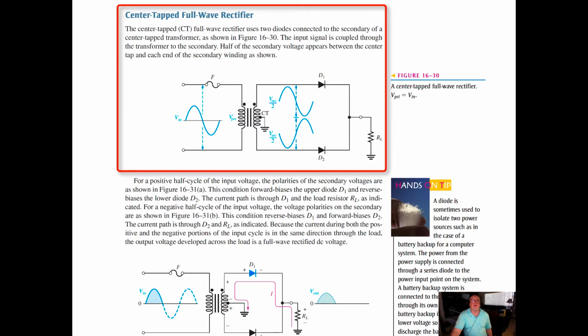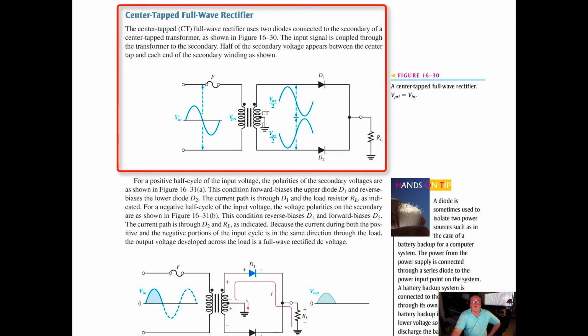A center tapped (CT) full wave rectifier uses 2 diodes connected to the secondary of a center tapped transformer. The input signal is coupled through the transformer, so it's not a direct connection. Half of the secondary voltage appears between the center tap and each end of the secondary winding.